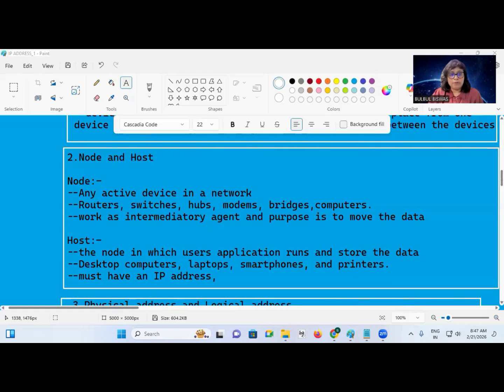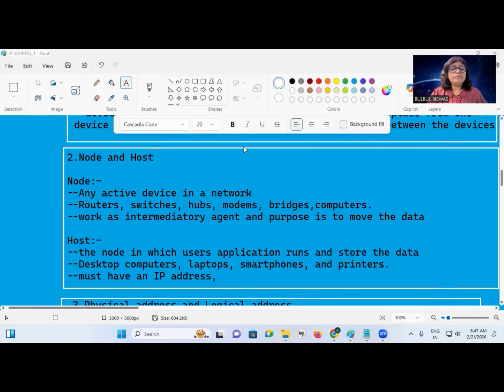In a network, whenever we are identifying a node, we must have the IP address. You can understand, we are designing the network because we want to access the data, but if we cannot connect to a particular device, our network is meaningless. So for accessing the devices in a network, we must have the IP address.